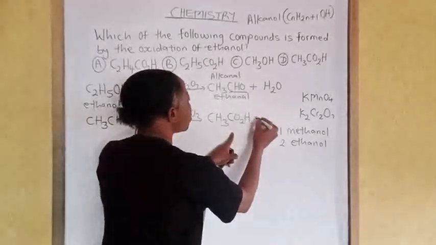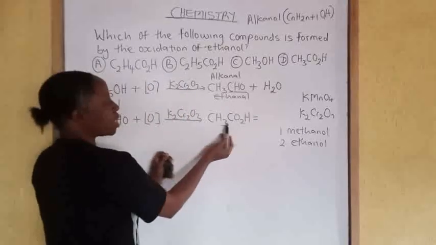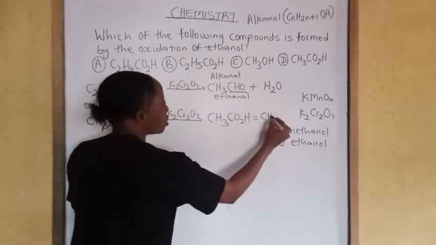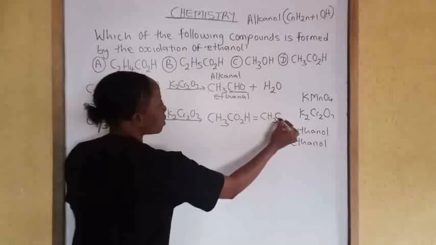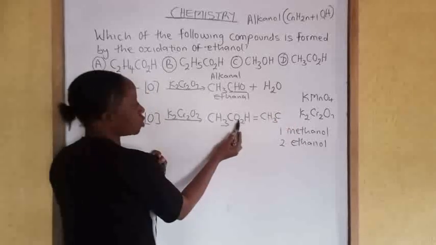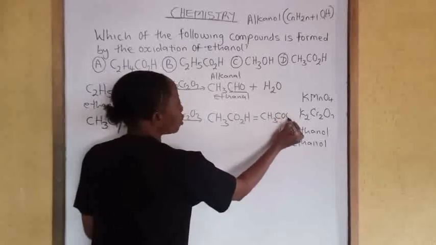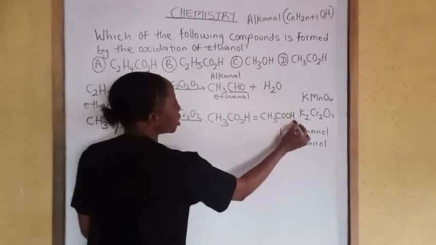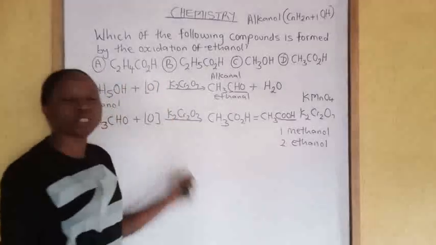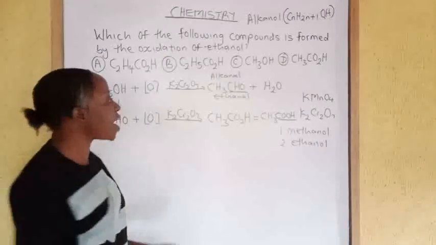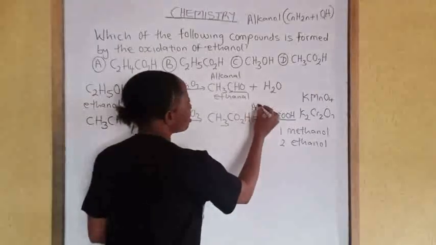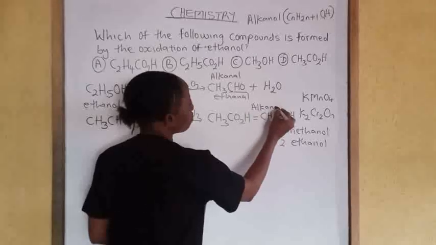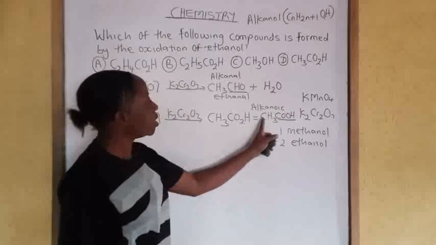This compound can also be written as CH3, C followed by 2 oxygen. You split those 2 oxygen atoms, then followed by H. So COOH is the functional group of alkanoic acid.